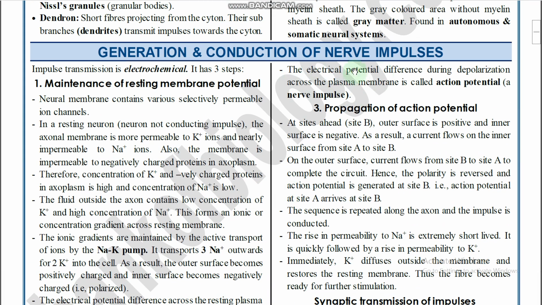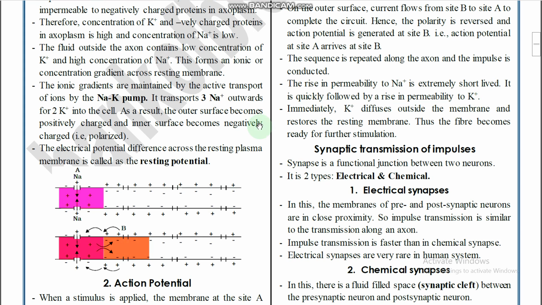The electrical potential difference during depolarization across the plasma membrane is called the action potential or nerve impulse. So during polarization it is called the resting potential, and during depolarization it is called the action potential.